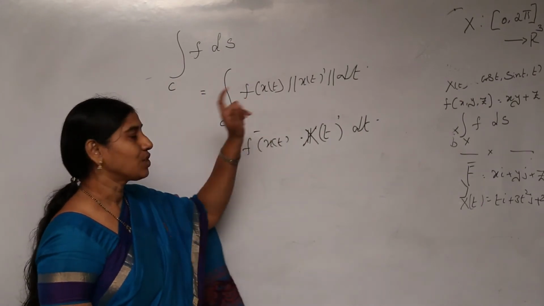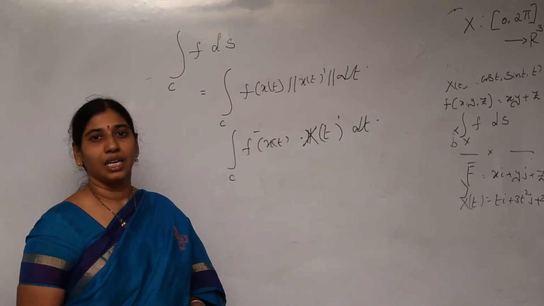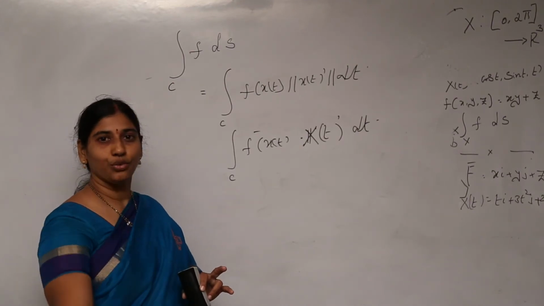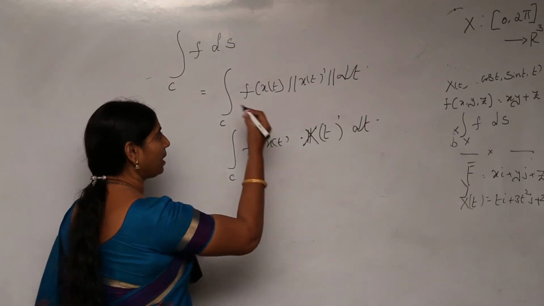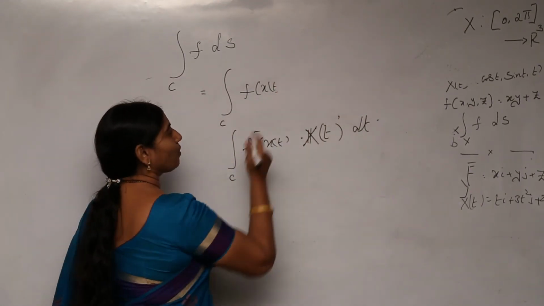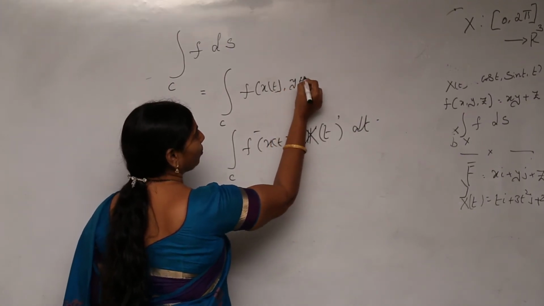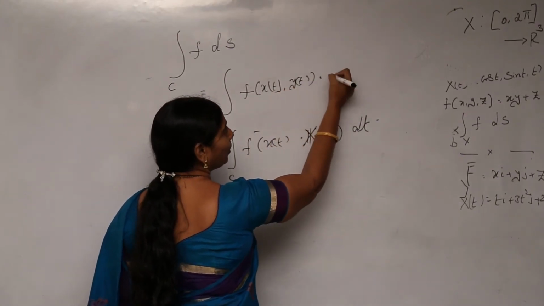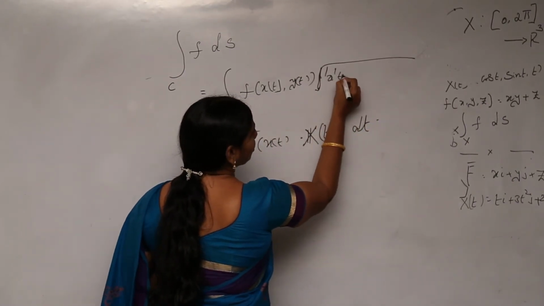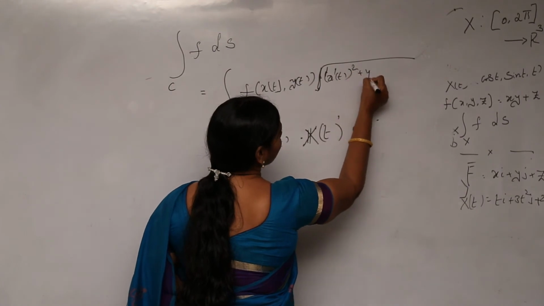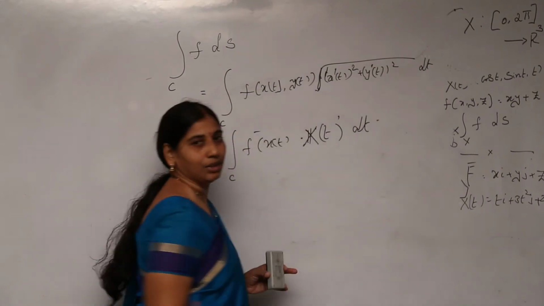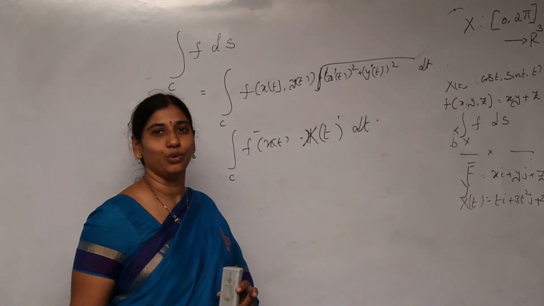Observe, the function is a function of a single variable. Suppose you have a function of two variables, then what will happen? The same integral gets transformed to f of x(t), y(t) times the square root of x'(t) whole squared plus y'(t) whole squared dt. Here f is a function of two variables.